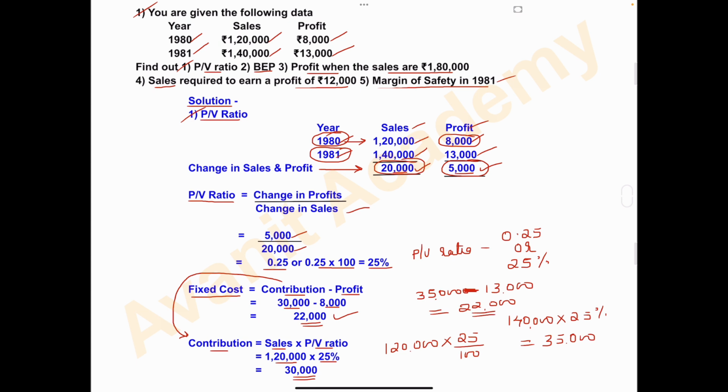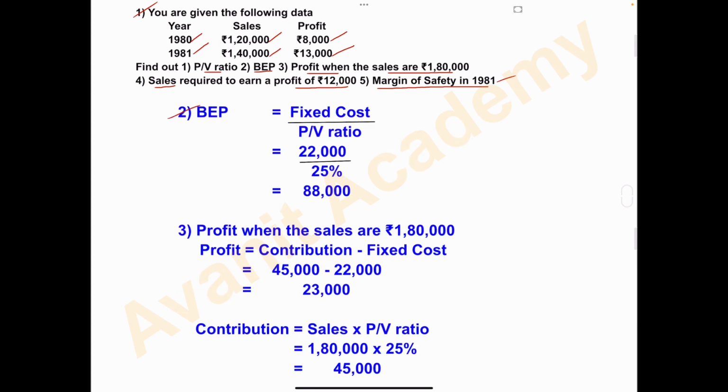Next we'll calculate BEP, that is break-even point. Second one, BEP. To calculate BEP, the formula is fixed cost divided by PV ratio. Fixed cost we have just calculated, that is 22,000, divided by PV ratio, that is 25%.